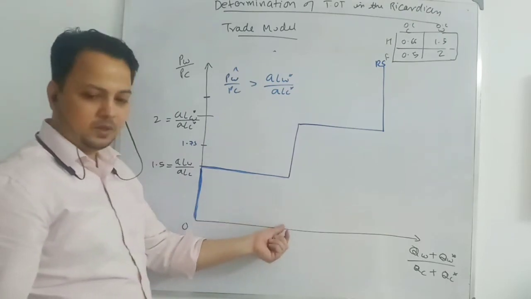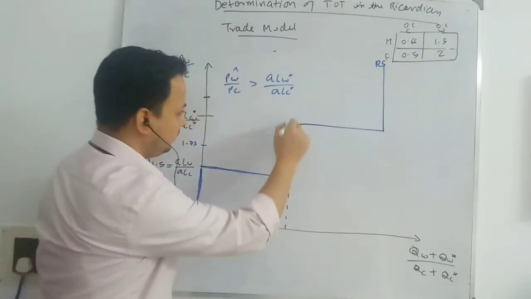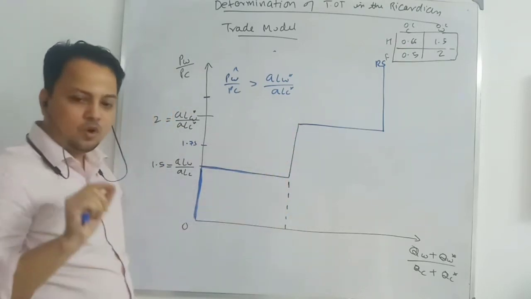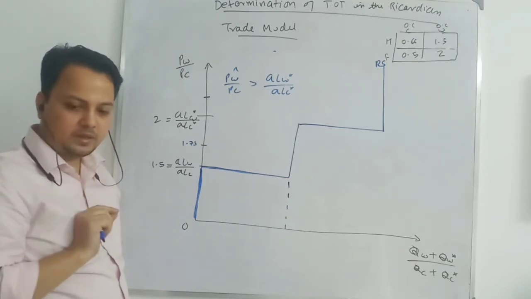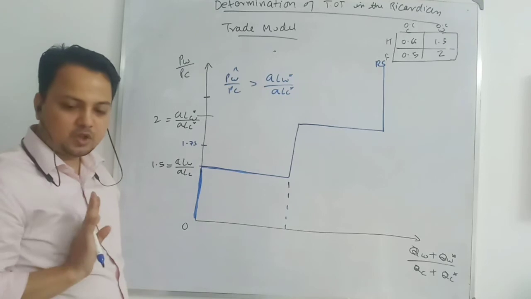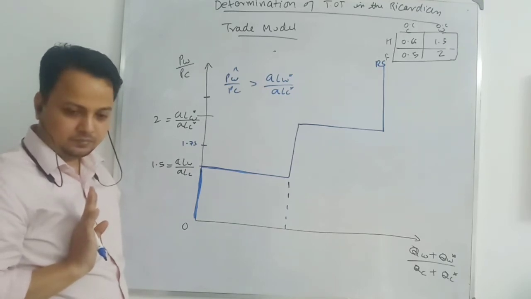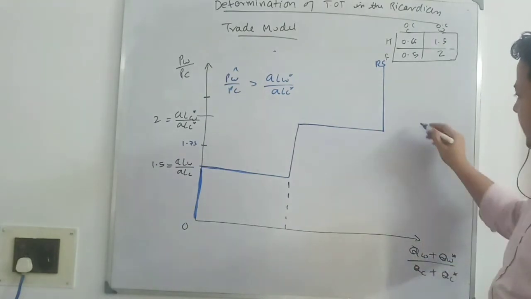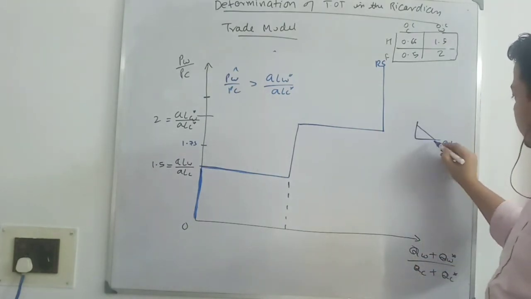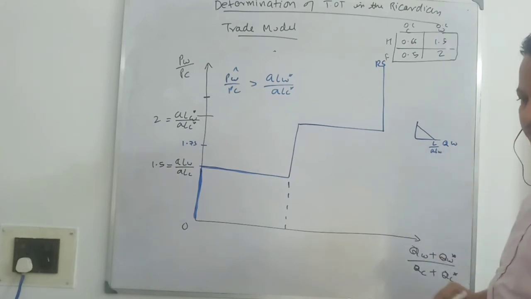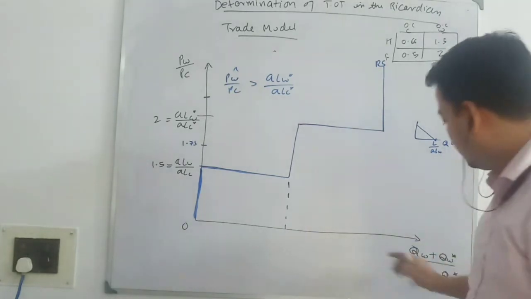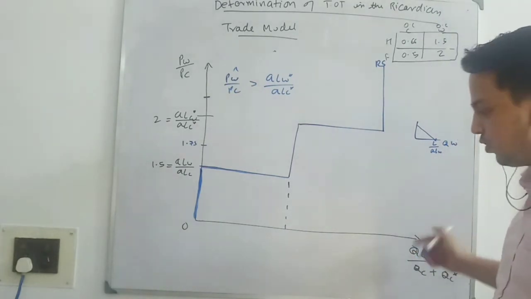Now here I have to determine one thing. At this vertical section, what is happening? Home is specializing in the production of wine and the foreign country is specializing in the production of what? Cheese? Yes or no? So for home, QW, if you remember the axis for the home, QW is L over aLW. So home is producing that entire wine, and QW star will be 0 because foreign is not producing any wine.